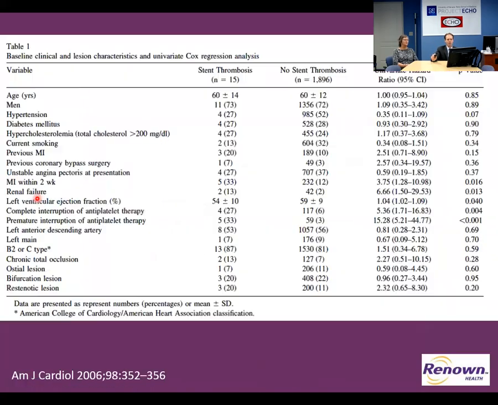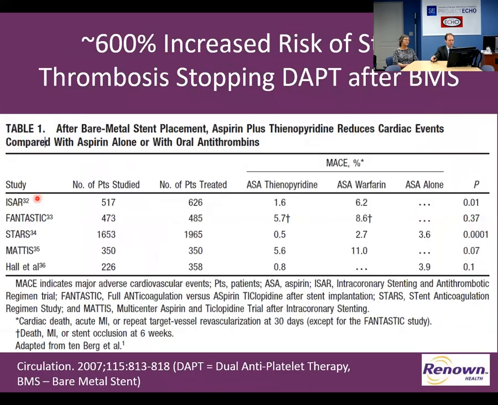The most common, the most potent way to thrombose that stent, if you look at any other risk factors, is stopping your dual antiplatelet therapy. And so this is a collection of trials that basically shows that if you stop your antiplatelet therapy, that you'll have increased risk of stents.